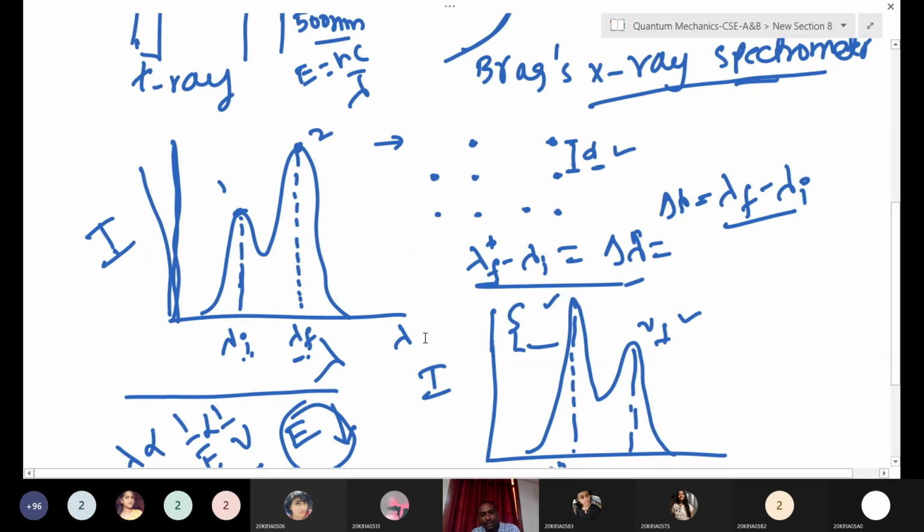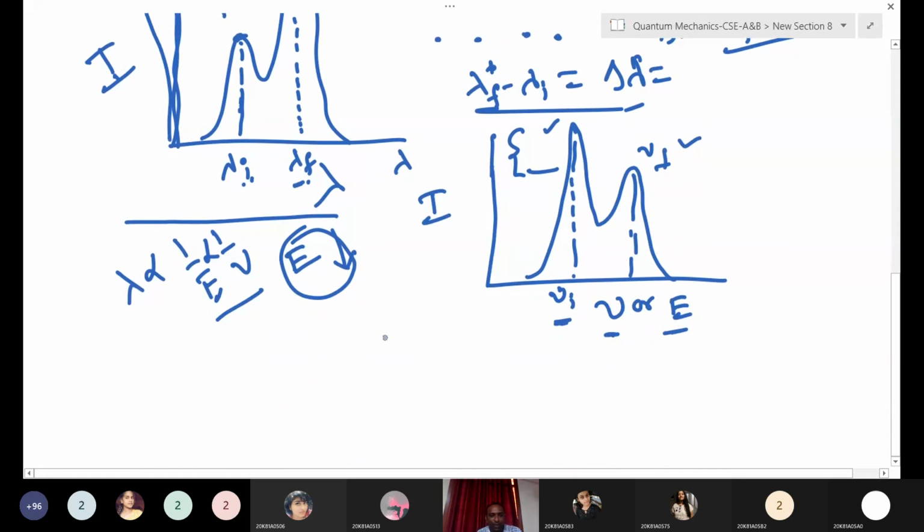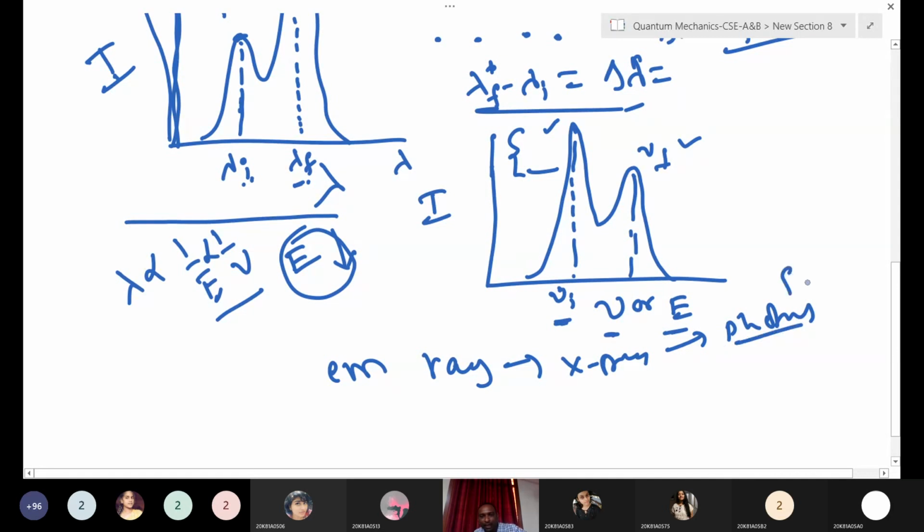We call them EM waves or EM rays, and depending on the energy we call them X-rays or radio waves or photons. X-rays are also a kind of photon, high energy photons, or you can say a stream of electrons. It is the same kind, depending on energy. X-rays are also EM rays only.